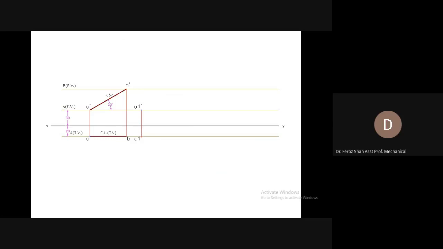Now, in this step we will assume the line to be parallel to the horizontal plane and inclined to the vertical plane only. So for that, we will draw a line starting from the top view of end A and making an angle of 45 degree with the XY reference line.